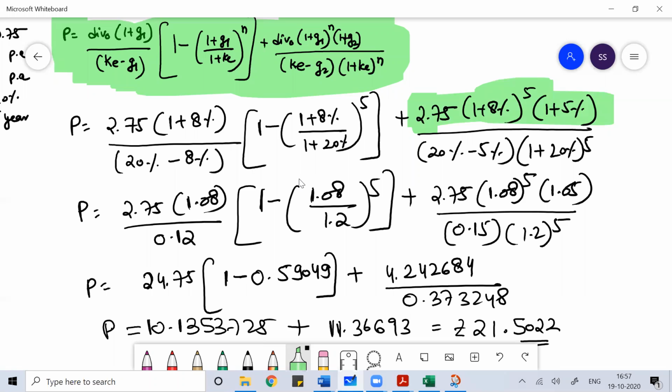You can never get the value less than 1. Try one more time, Yogeshwari. I think some calculation mistake is there.